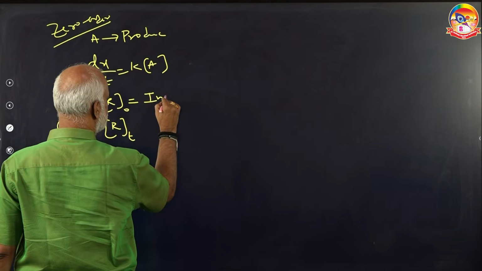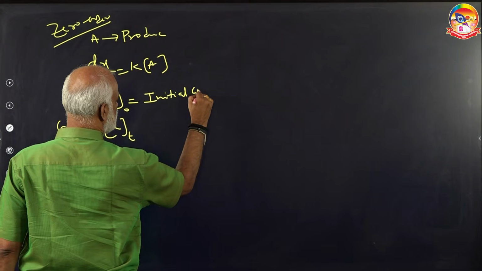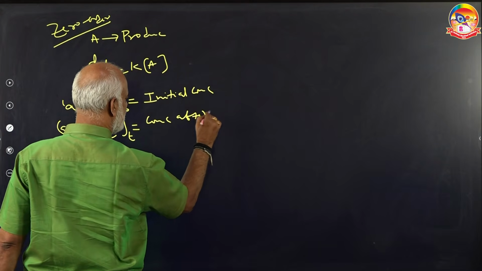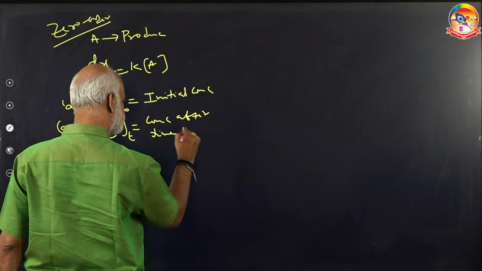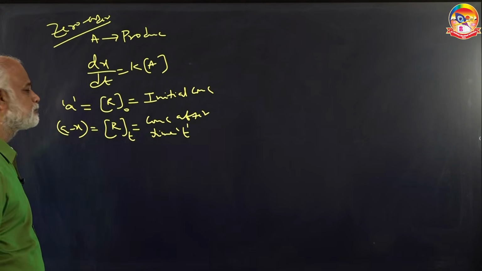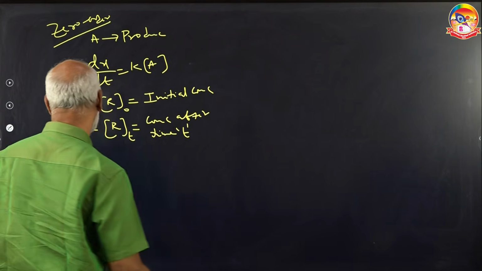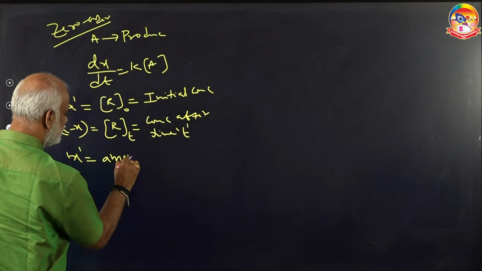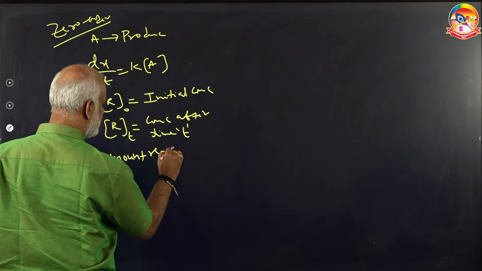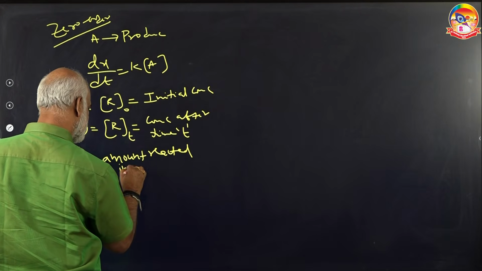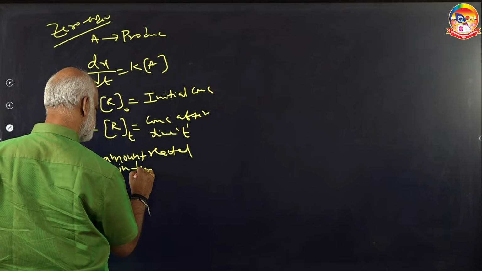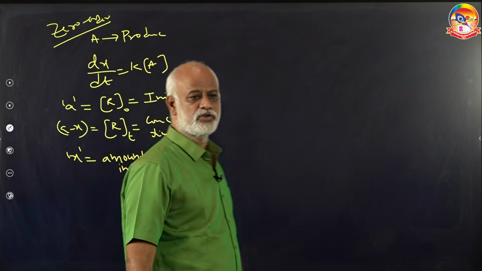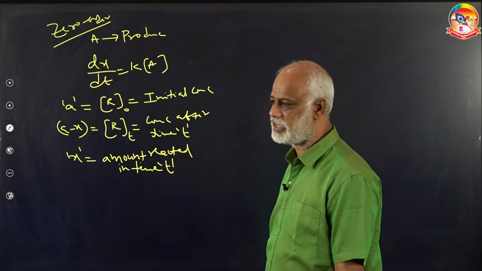This is the concentration after time t, a minus x. x is the amount reacted in time t. These are the terminologies that we use in the next 15-20 minutes of the class.